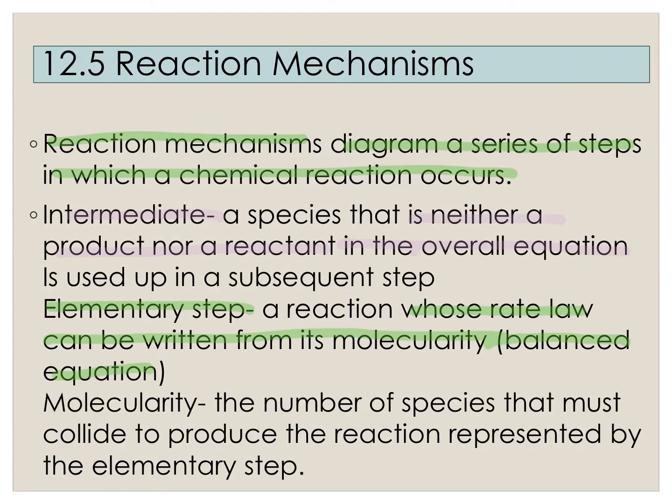The final thing I want to point out is the term molecularity. It is the number of species that collide to produce a reaction. The more molecules that are required to collide for a reaction to occur, the less likely it's going to occur. If you're trying to say that 4 molecules are going to happen to collide perfectly and make a new molecule, that is very rare and very unlikely.